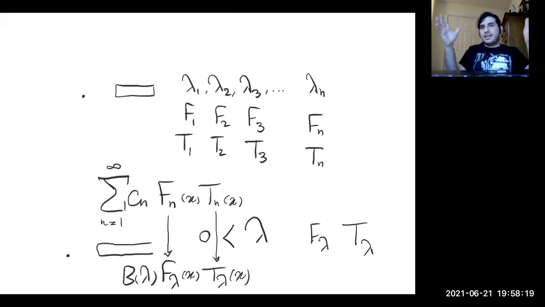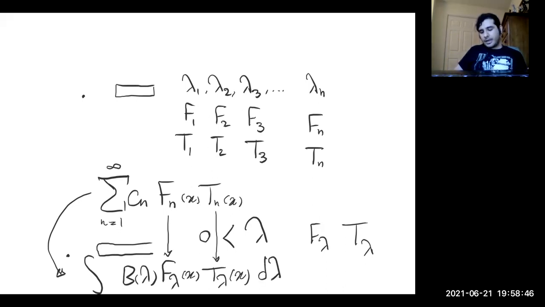Rather than adding them, when the infinite but countable becomes uncountable, you usually replace sigma with integral. So rather than the sum of Cn, Fn, Tn, we should look at the integral of b lambda, f lambda, t lambda, d lambda. And lambda can be any positive number, so it goes from 0 to infinity.